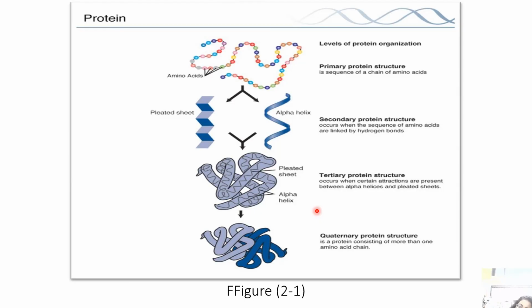Primary protein structure is the sequence of the chain of amino acids. Secondary occurs when the sequence of amino acids are linked by hydrogen bonds. Tertiary occurs when certain attractions are present between the alpha helices and the beta pleated sheets. Quaternary protein structure is a protein consisting of more than one amino acid chain.